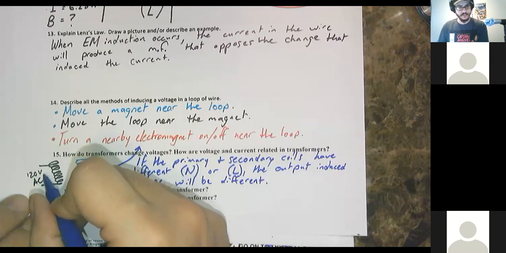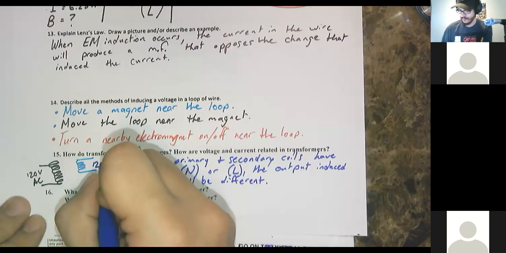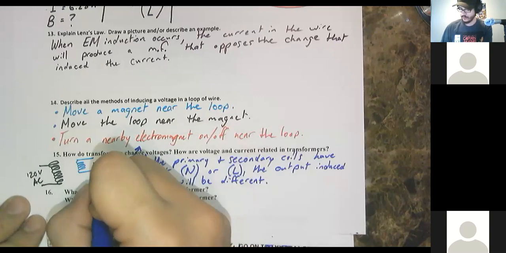So if we have 120 volts here, and this has 1/10 the loop density, then it would have 1/10 the voltage. And of course, it'd be direct current.